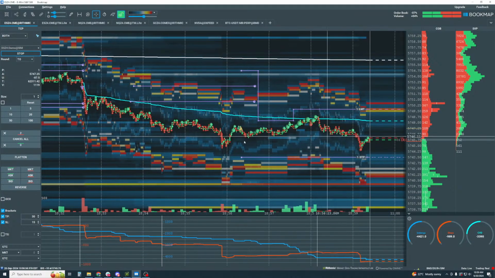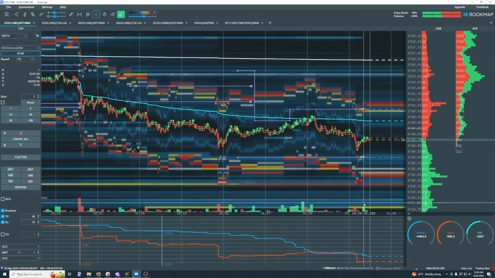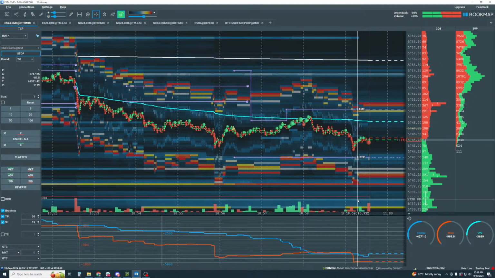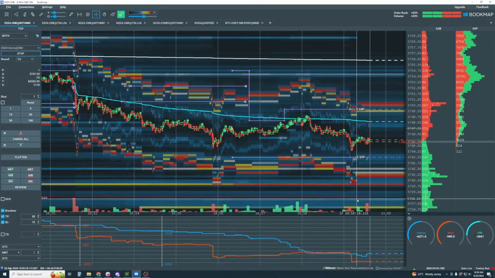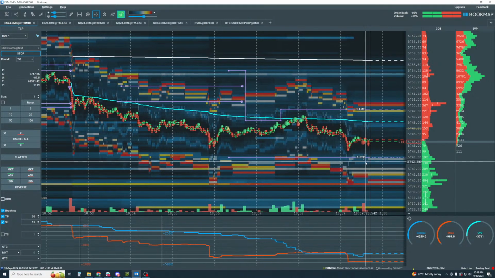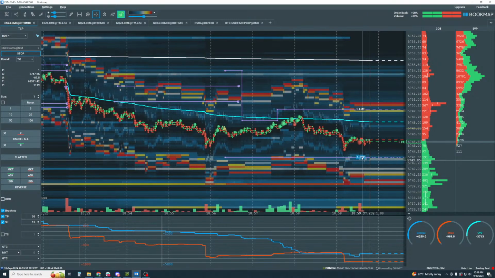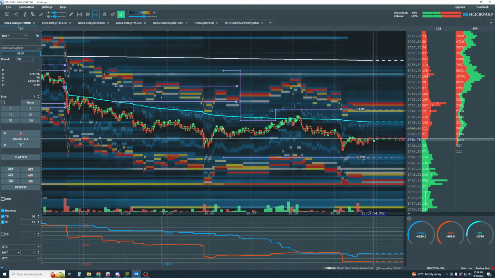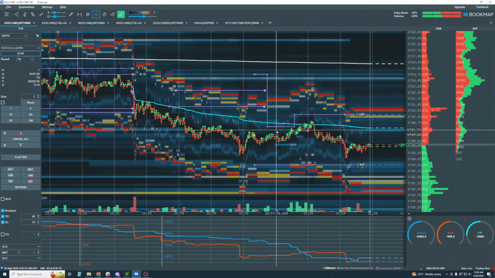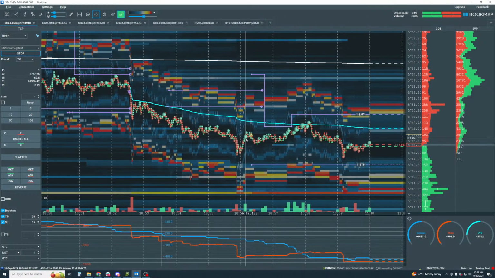Same move, same idea here. Again, guys, our pullback strategy was kind of turned into a reversal at this point, right?